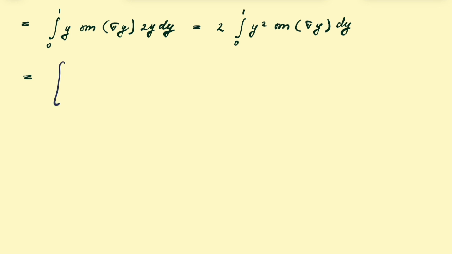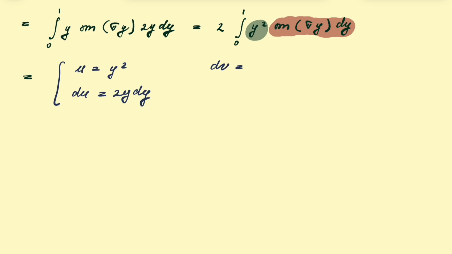And for the first time, let's write this in a clearer way. Alright, we have u as y squared, and then du will be 2 times y dy. Also we have dv, which is sine of pi times y dy.